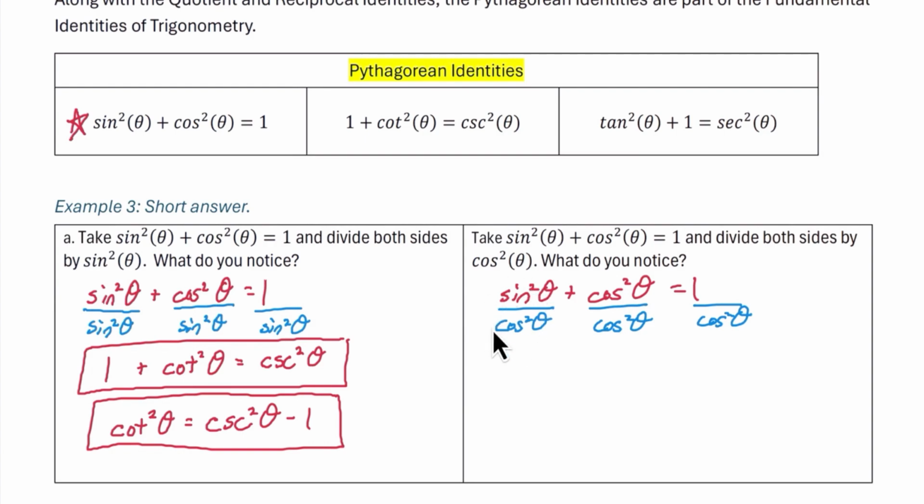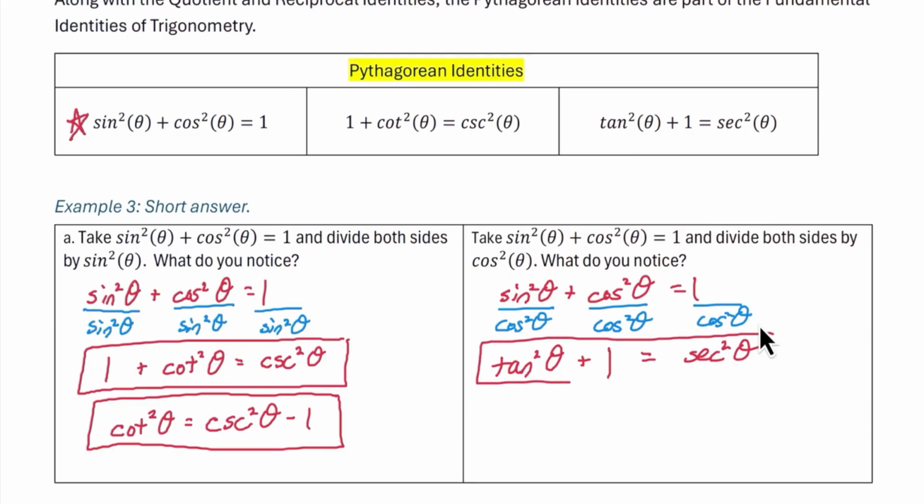This first piece, sine squared theta divided by cosine squared theta, is tangent squared theta, plus cosine squared divided by cosine squared is just 1. And then 1 divided by cosine squared theta we know to be secant squared theta.